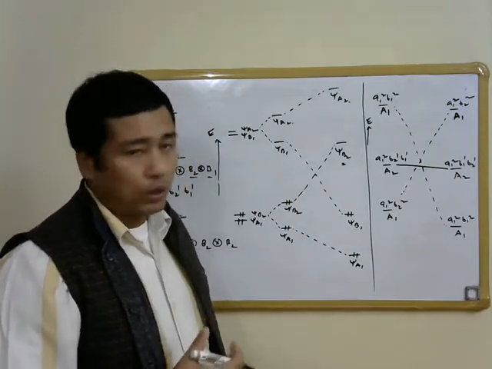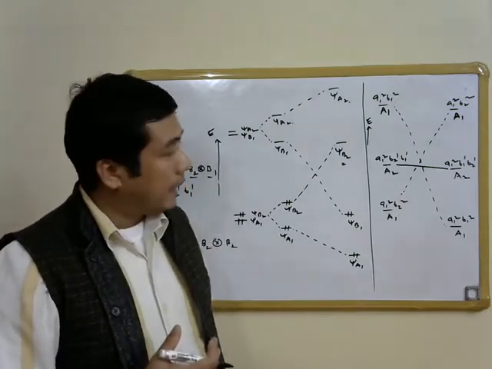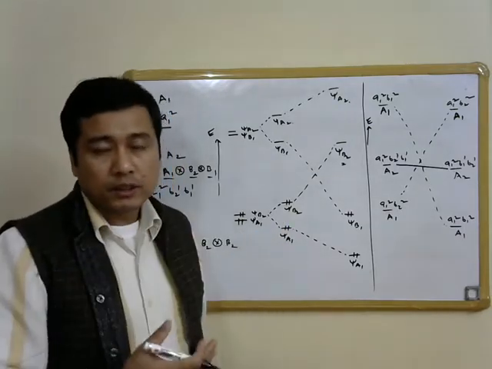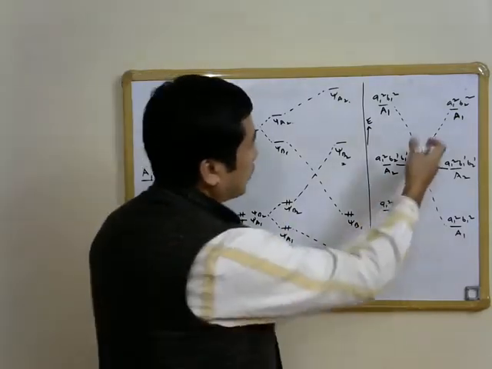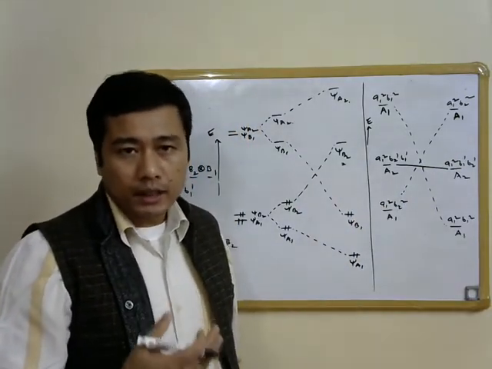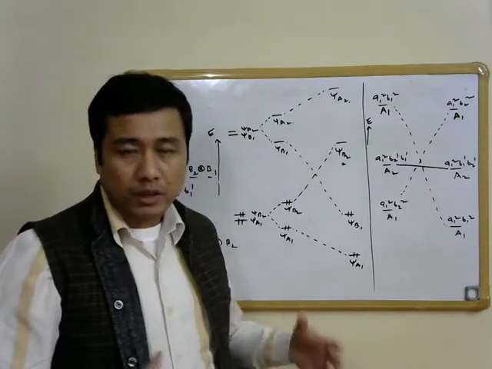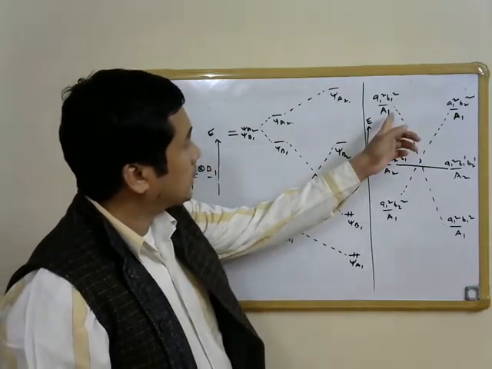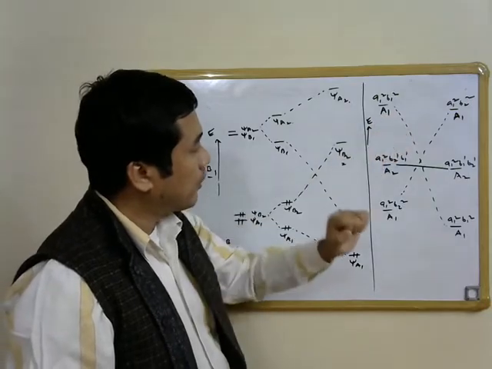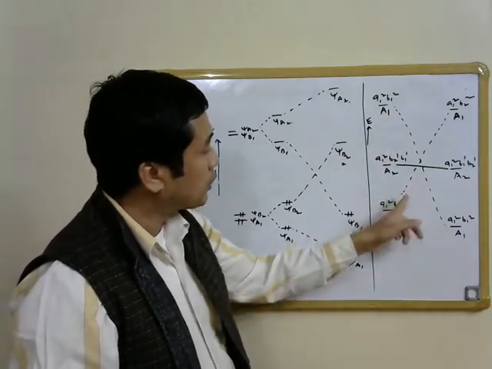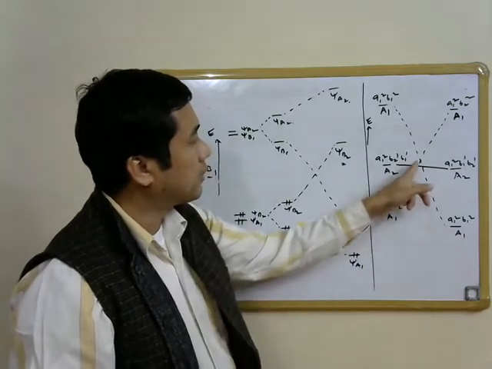Now there is a law which does not allow us to correlate states of the same symmetry by doing this sort of crossover. This law we call the non-crossover law, and it is there because of electronic repulsion. So this electronic state of A1 symmetry we cannot correlate with this particular electronic state, because it would have to cross another state of A1 symmetry over here.